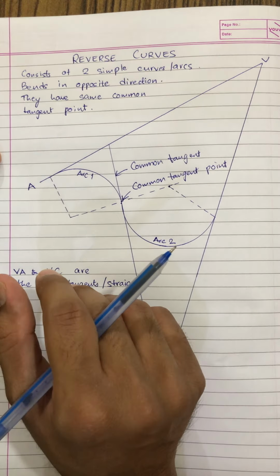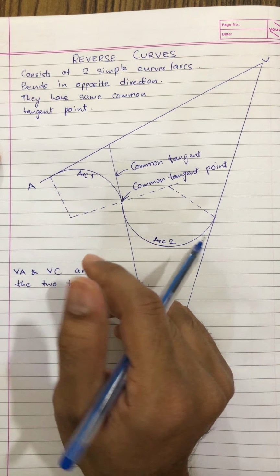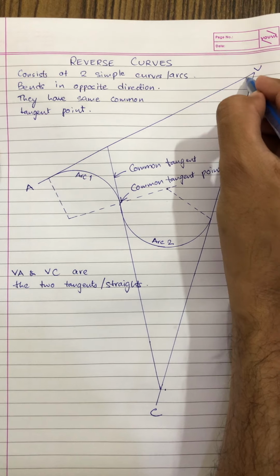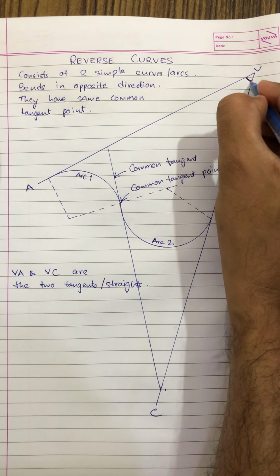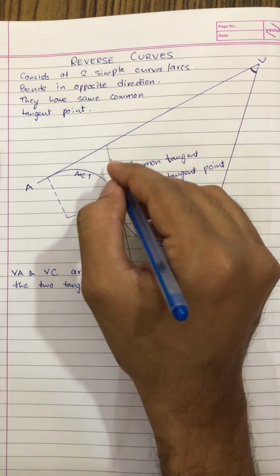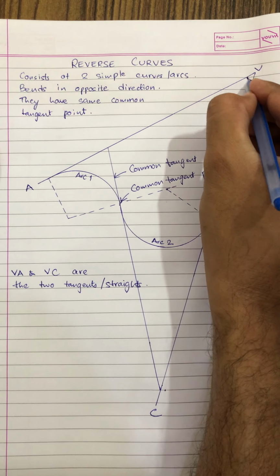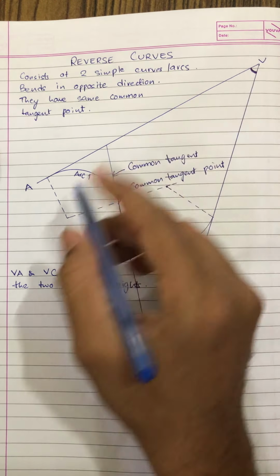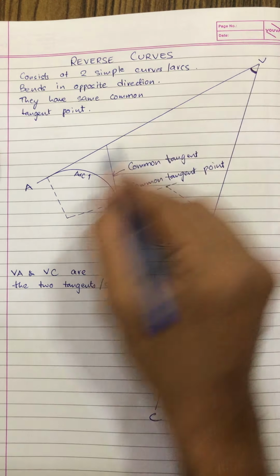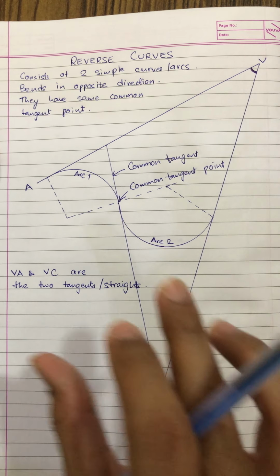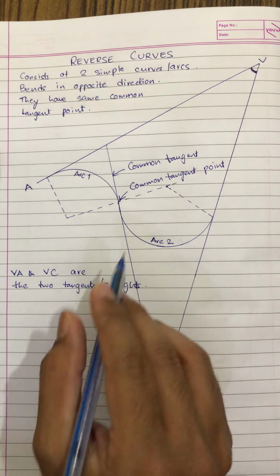Now these reverse curves are actually used where the angle of intersection of both the tangents is very small. Or you can say when both tangents are parallel to each other, there these reverse curves are mostly used.